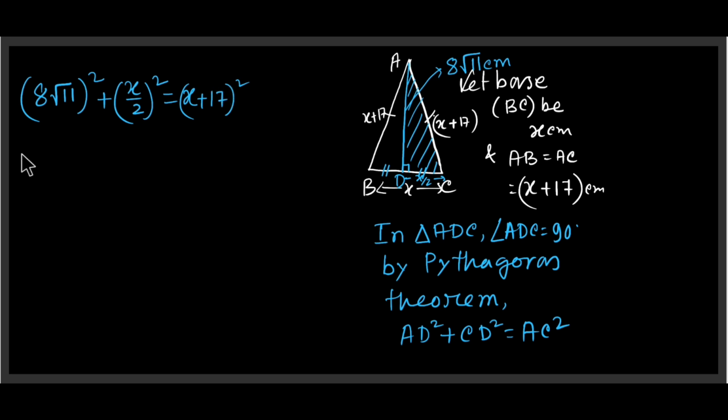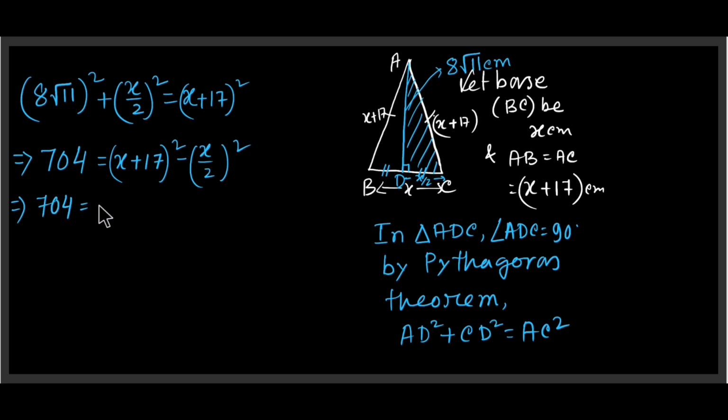Now 8 root 11 square is 704 equal to x plus 17 whole square minus x by 2 whole square. Now applying here a square minus b square formula, so we get x plus 17 plus x by 2 into x plus 17 minus x by 2.